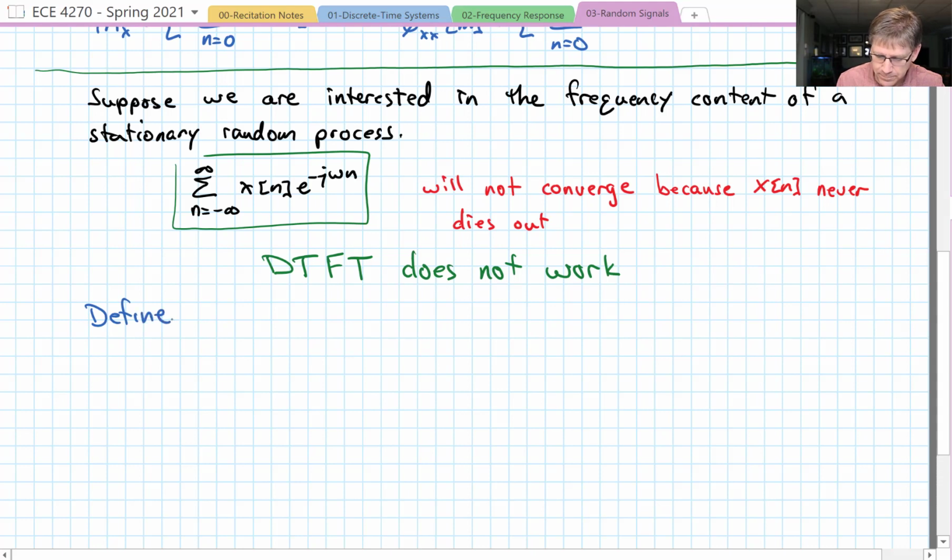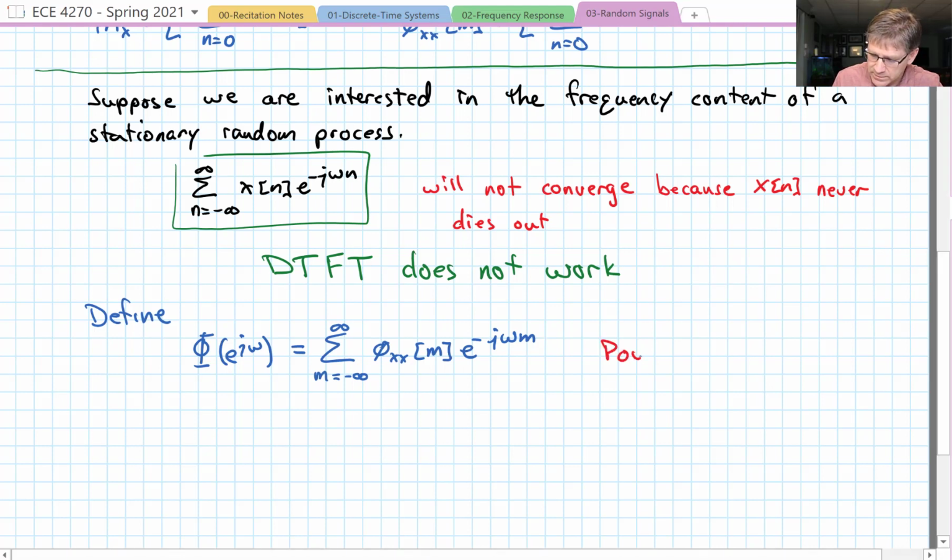So we're going to define capital Phi of e to the j omega equal to the sum over all m of phi xx, our autocorrelation function, times e to the minus j omega m.